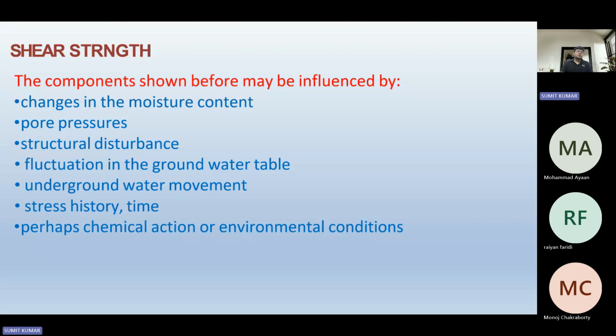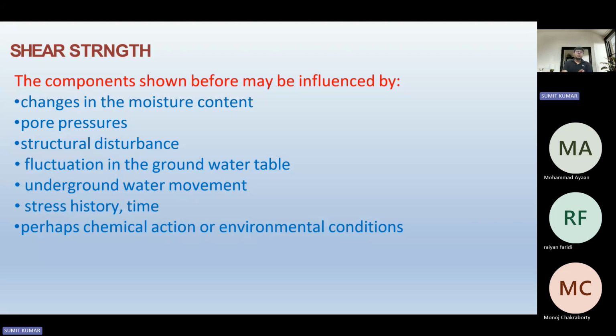Hence, the pore pressure, change in the moisture content, structural disturbance, fluctuations in the groundwater table, underground water movement, stress history, time, perhaps chemical actions or the environmental conditions also play a very important role.